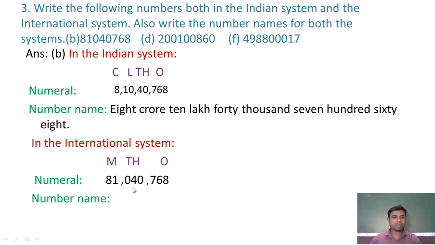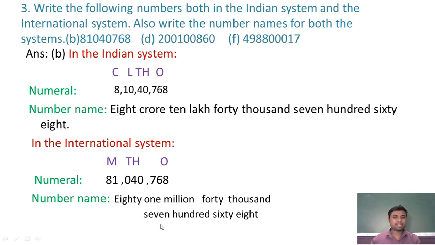So what will be the number? 81 million, just see M for million. 81 million, 40,000 and 768.